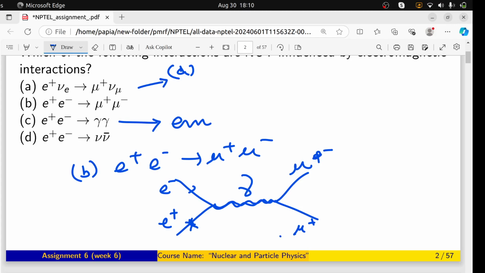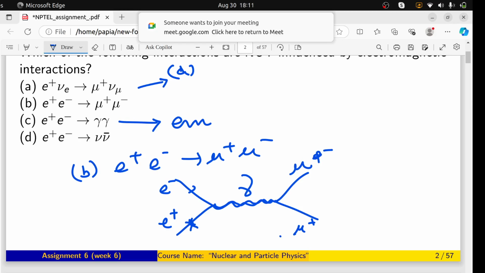So B is governed by electromagnetic interaction. That means B, e+ e- going to mu+ mu-, is governed by electromagnetic interaction, because the mediator is gamma, I mean photon. And obviously in the C case, we can see that the outgoing particle is a gamma itself. So it is also governed by electromagnetic interaction.